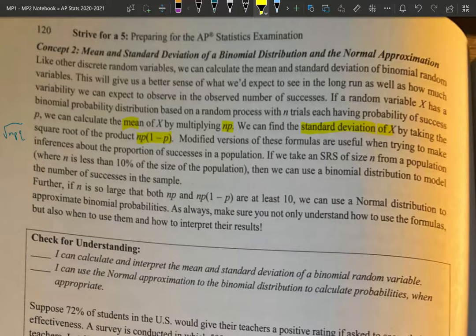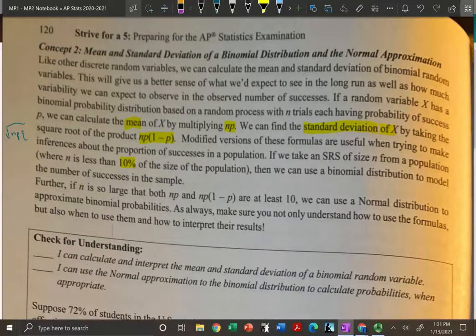If this passes the 10% rule, right, where n is less than 10% of the whole population, then we can use a binomial distribution to model the number of successes in the sample. Furthermore, if n is so large that n times p and n times p times 1 minus p are at least 10, then right here we can use a normal distribution to approximate binomial probabilities.